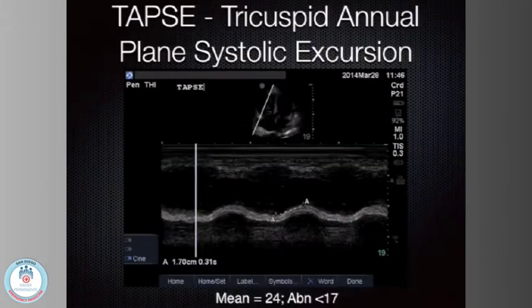If you measure that M mode tracing, the average is about 24, 22. If the distance from the trough to the peak, this distance right here, is less than 17, then the patient has RV dysfunction. Does that make sense? Okay, cool.